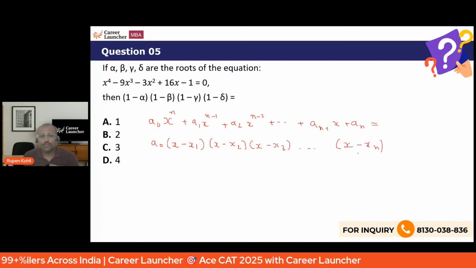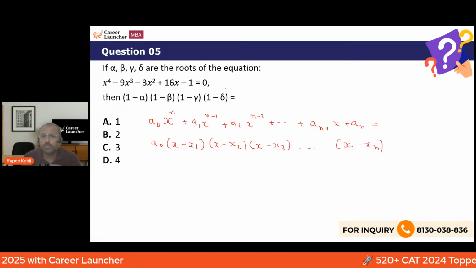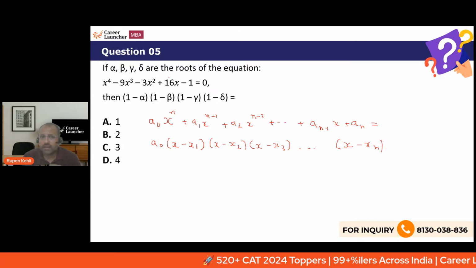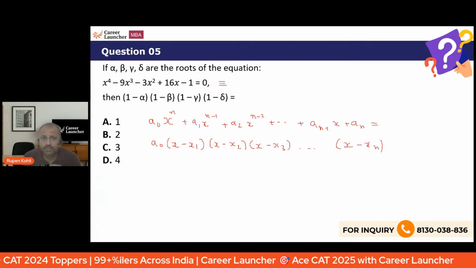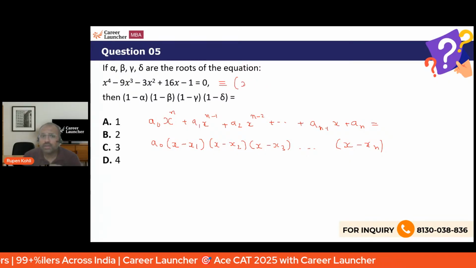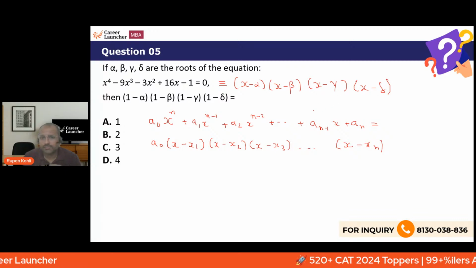That's the whole relation which helps us to attack this particular problem. It says that if alpha, beta, gamma, delta are the roots of this fourth degree polynomial, then this expression should be equivalent to (x minus alpha)(x minus beta)(x minus gamma)(x minus delta). It should be equivalent to that.